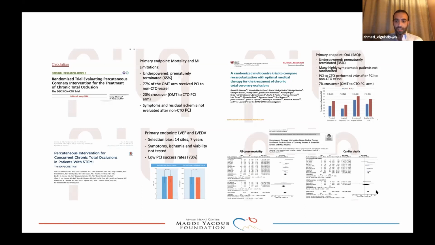You can see a significant net gain favoring CTO PCI in terms of all-cause mortality and cardiac mortality. We do acknowledge the limitations of the meta-analysis, especially that the results were largely driven by registry data and non-randomized trials. But again, this emphasizes that we simply don't have the quality of evidence to give us a clear way forwards.